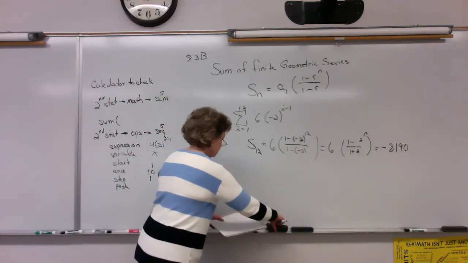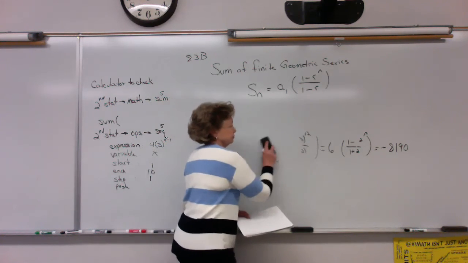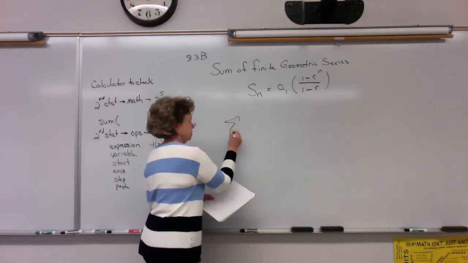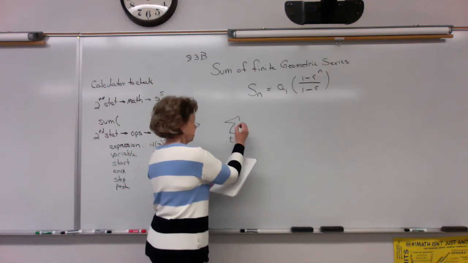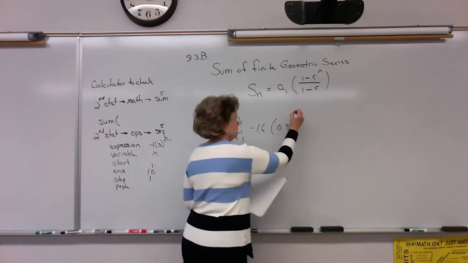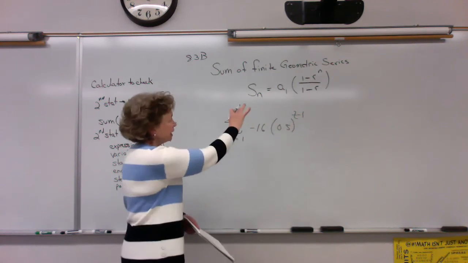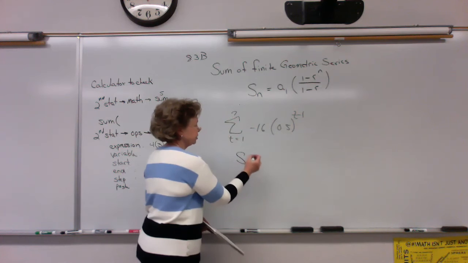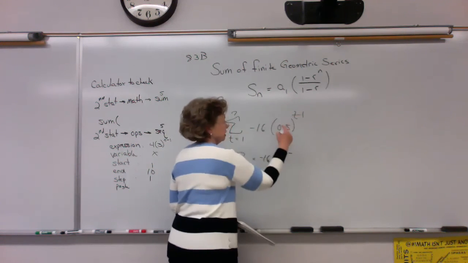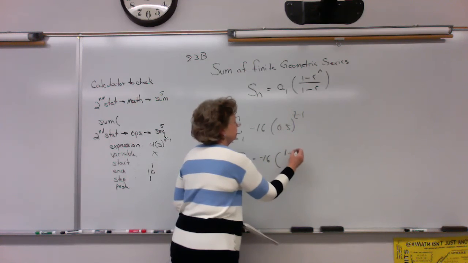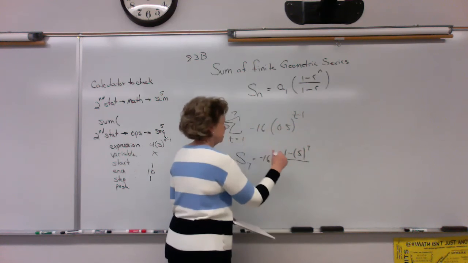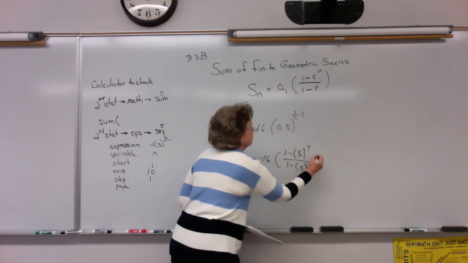And then number 9 asks you to find the sum as t ranges from 1 to 7 of negative 16 times 0.5 to the t minus 1. Plugging back into our formula, the sum at 7 terms is the first term, negative 16, times 1 minus our common ratio of 0.5 raised to the nth power, which is 7, divided by 1 minus 0.5.